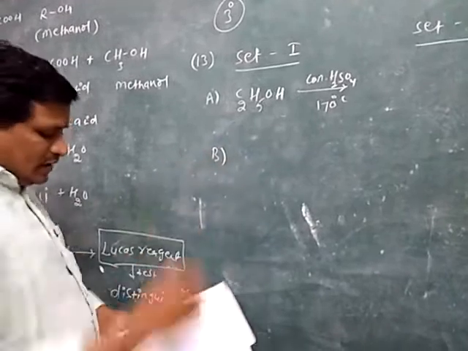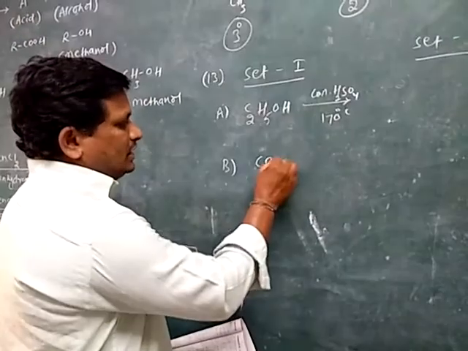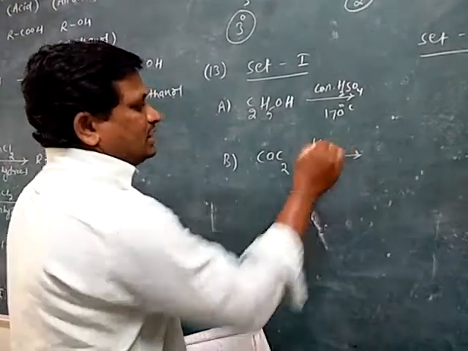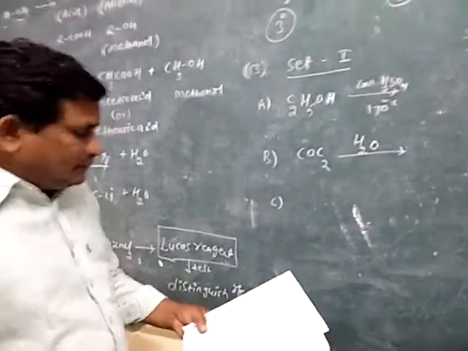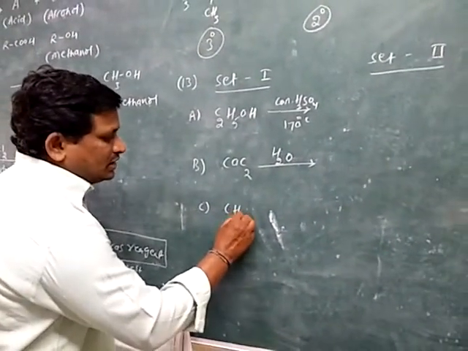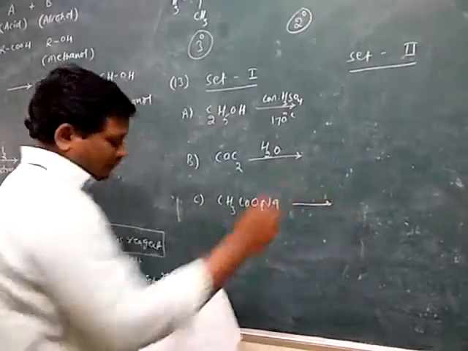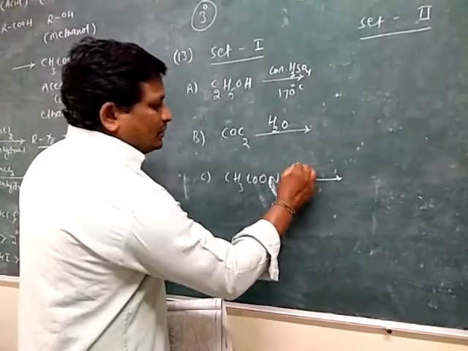So now what is B? Calcium carbide, CaC2. Calcium carbide on hydrolysis, it is reacting with water. So now the third option is sodium acetate, CH3COONa, and electrolysis of the sodium acetate.